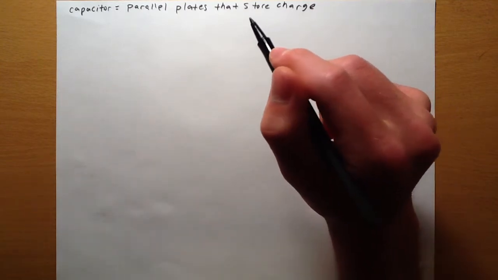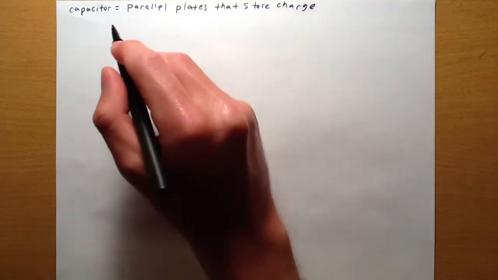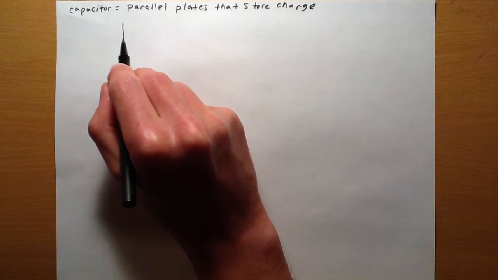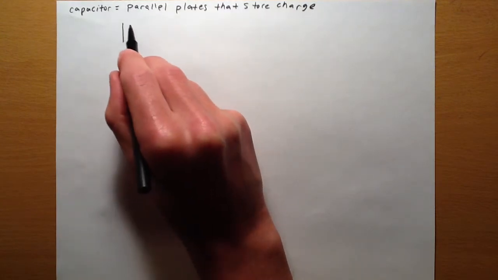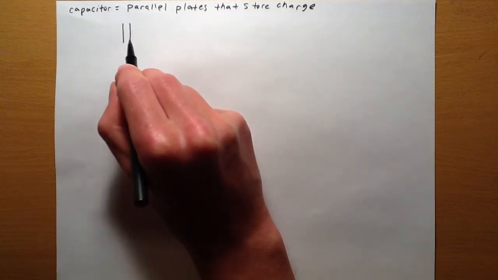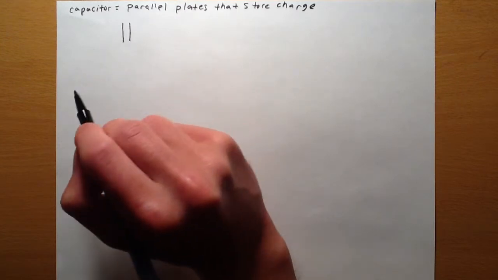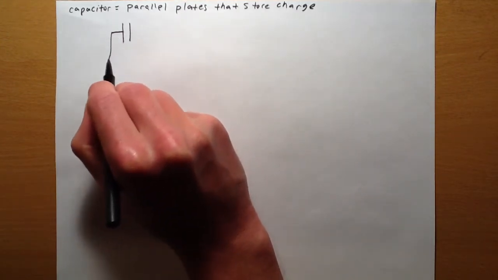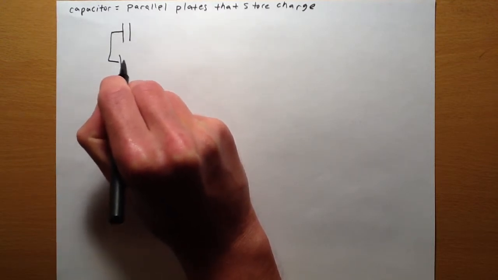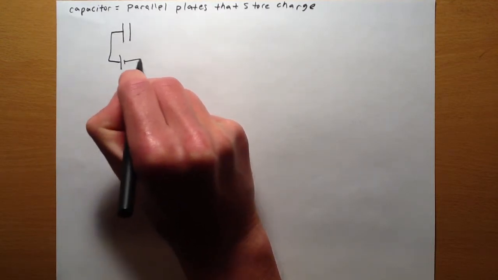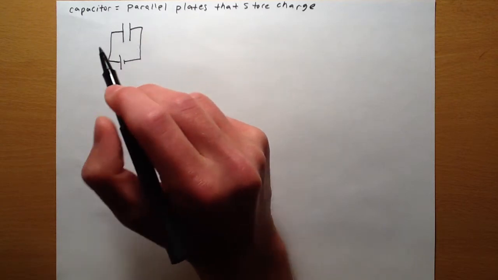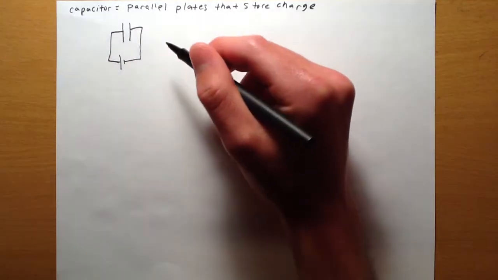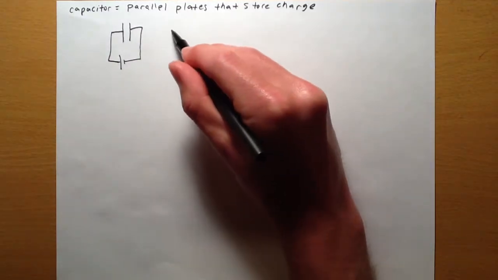Now when we think of parallel plates, think of two rectangles that are parallel to each other, so they're not touching but they are close. And these are attached to a battery, which we draw like this. Looking at that in 3D, we can draw it like this.